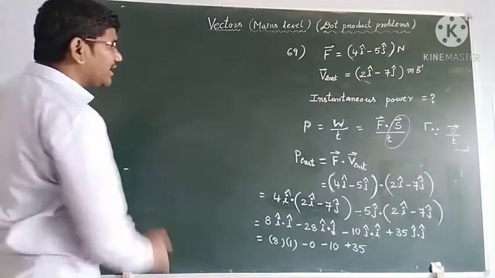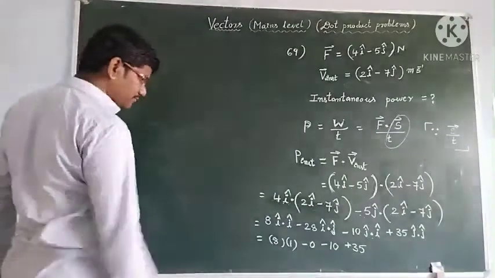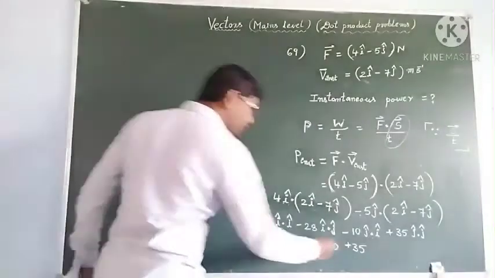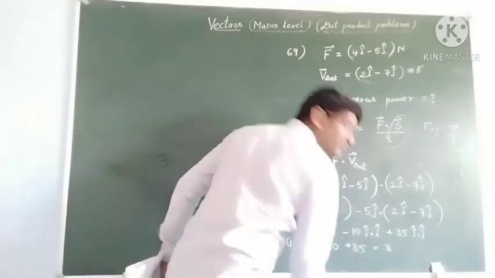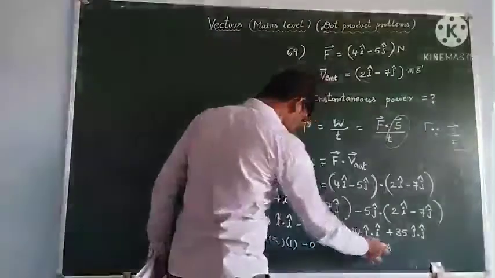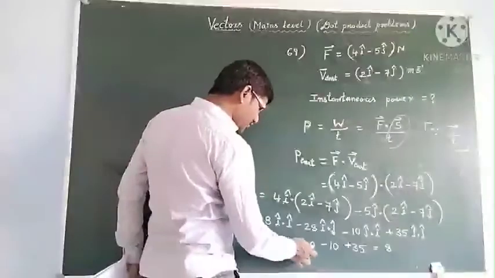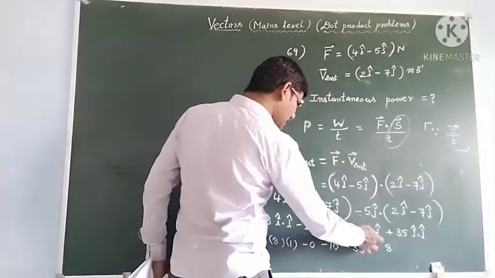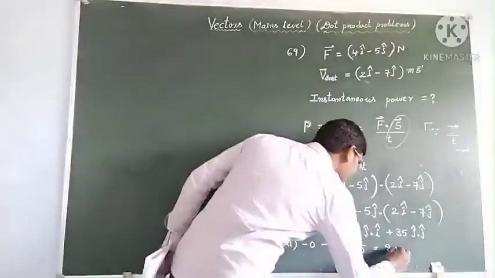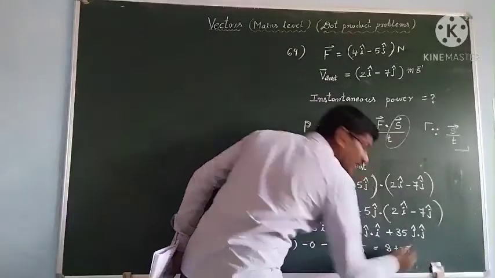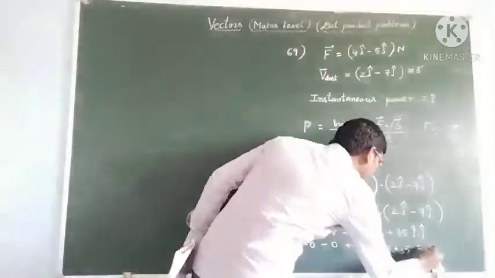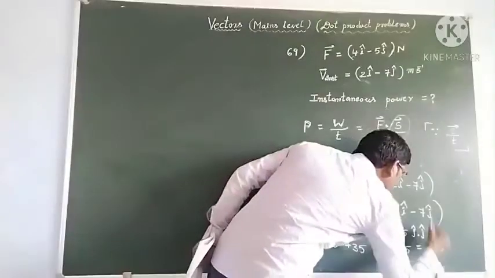So in this problem, 8 into 1 is 8, the other terms are 0, so 8 plus 35, that is 43.